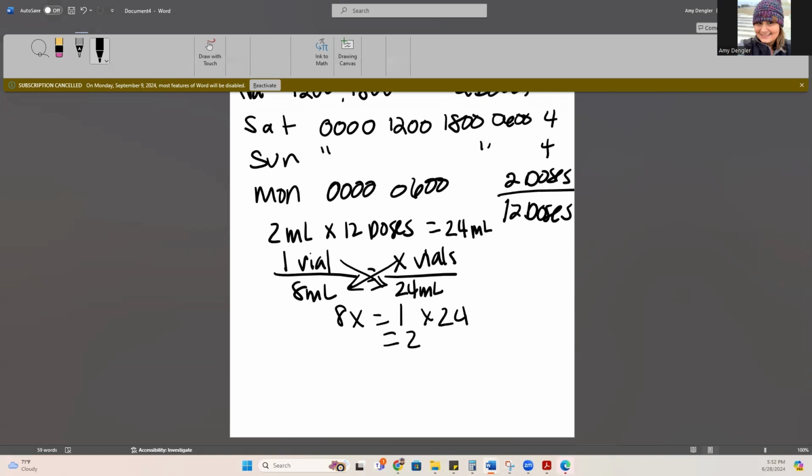We'll do our multiplication over here and we'll have 24. So 8x is equal to 24. Now we need to get x alone, so we're going to get rid of the 8 by dividing by 8 here. Now all we have left is x. And then we have to do the same on this side. So we're going to do 24 divided by 8, which means we need to provide 3 vials.